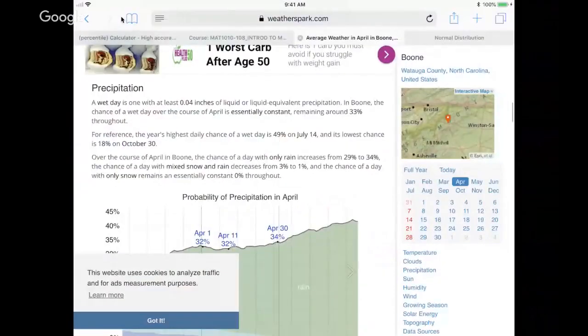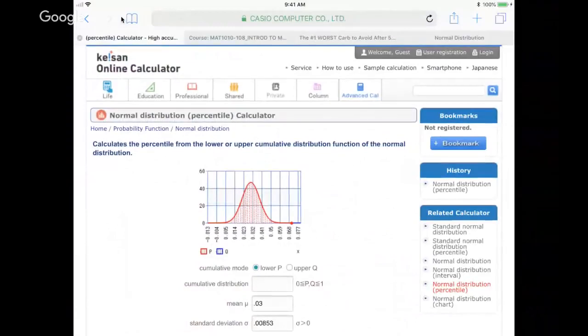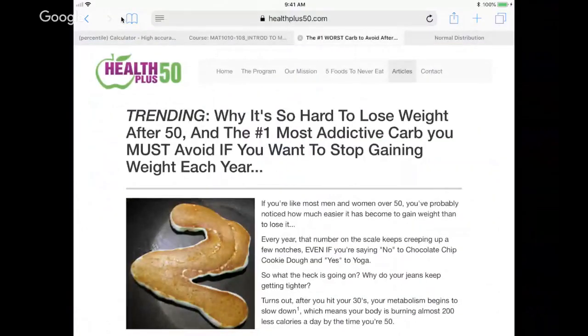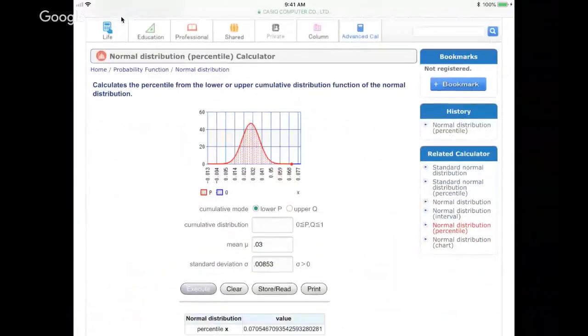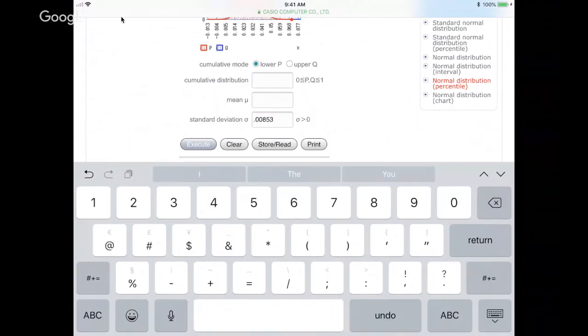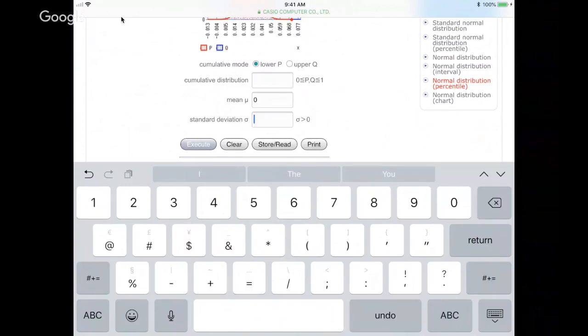I'm going to pop open the percentile calculator here. I'm going to use the standard normal, so that's a mean of 0 and a standard deviation of 1.